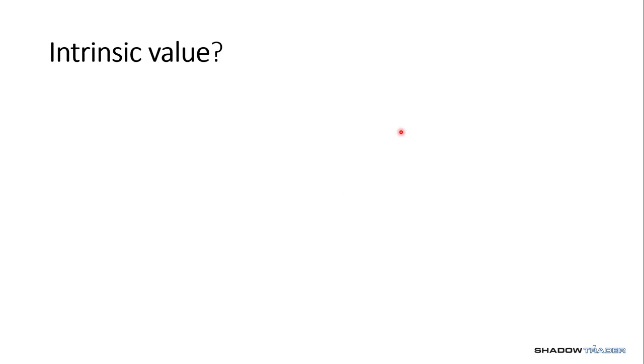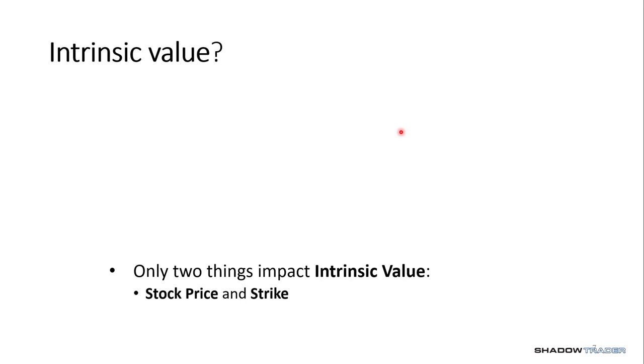Okay, intrinsic value. How is that figured? Simply a mathematical calculation. Two things impact intrinsic value: the stock price and the strike that you're using. So, intrinsic, stock price and strike only determine that.